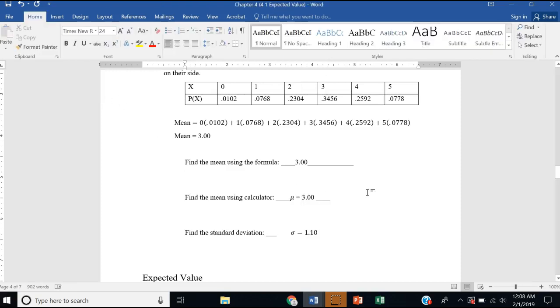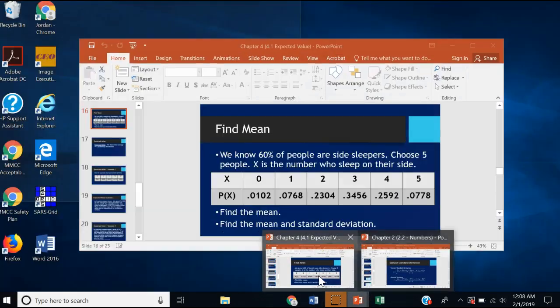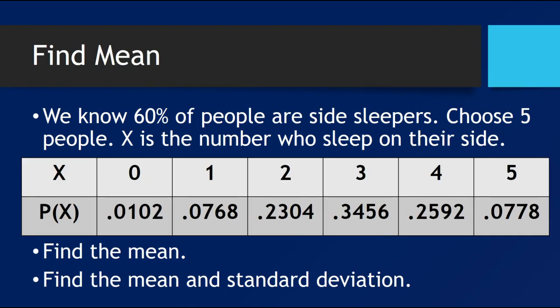There it is. And I could have used the symbol mu. All right, since I know this is a population mean, I could have said mu equals 3.0. So when we're dealing with probability distributions, we're always going to be dealing with a population mean and a population standard deviation. So when we're asked to calculate that, that's what we're asked to calculate. Population average and population standard deviation.